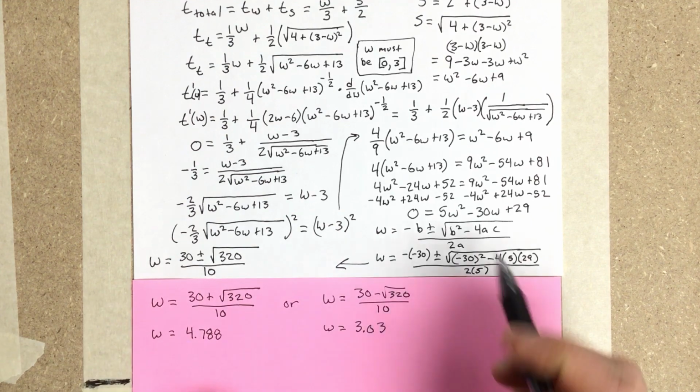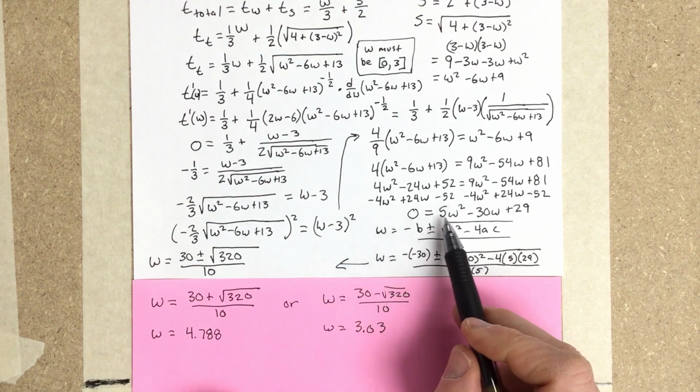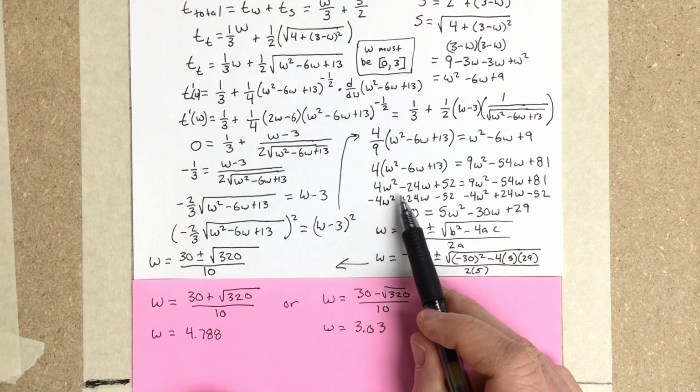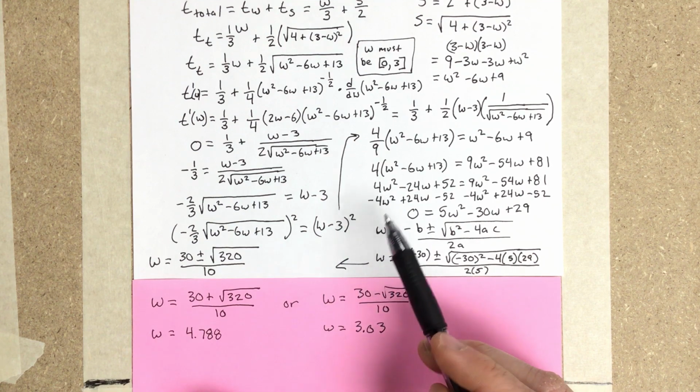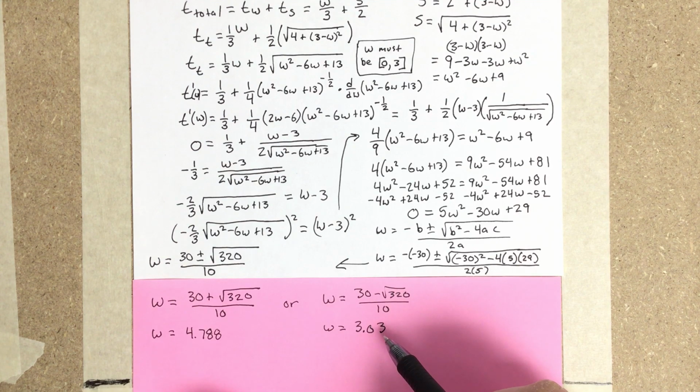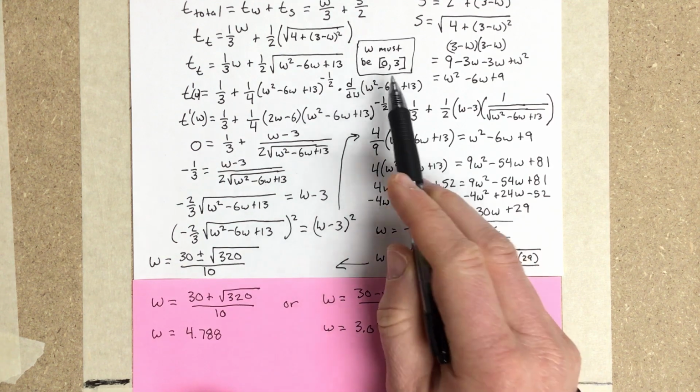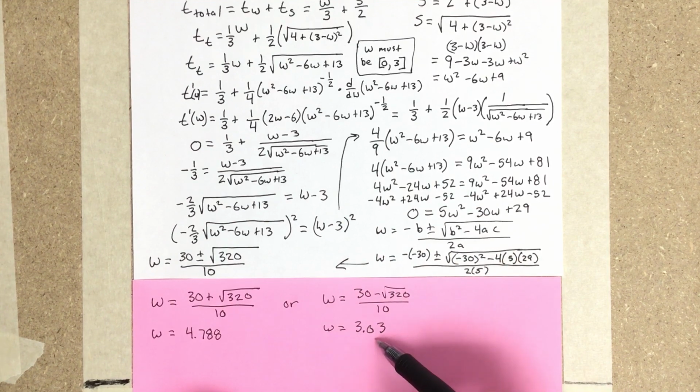So let's see. I feel like I messed something up here, because w is supposed to be between 0 and 3. We're supposed to have one value between 0 and 3.